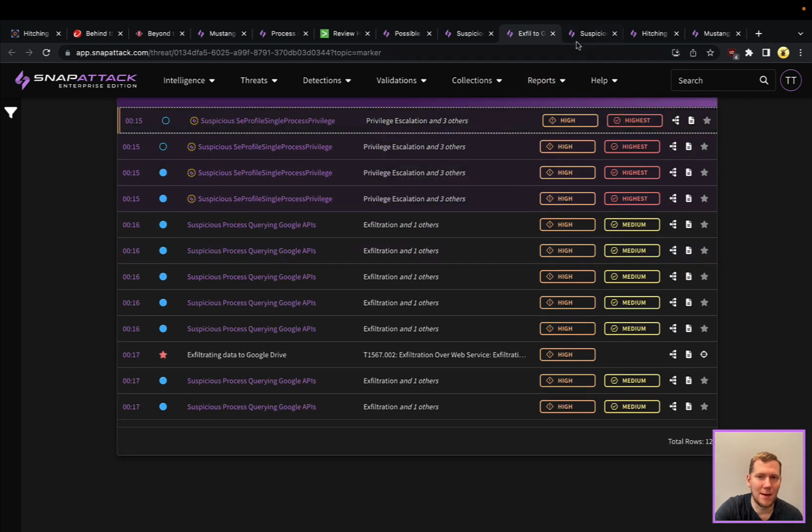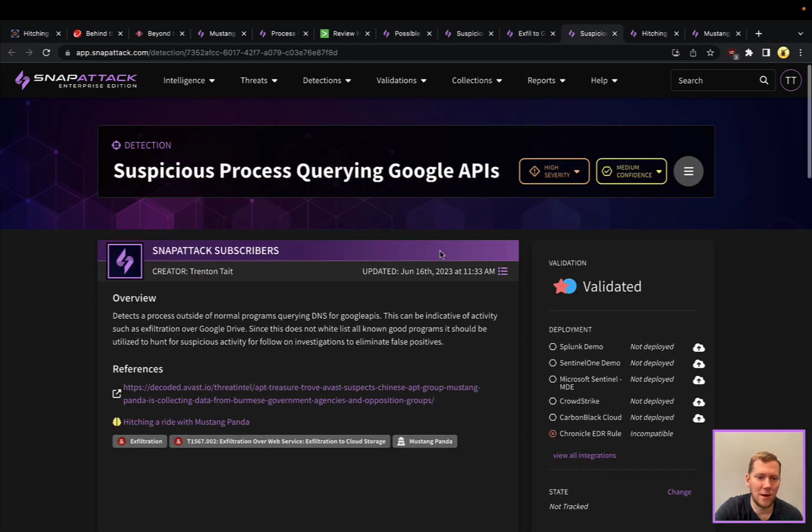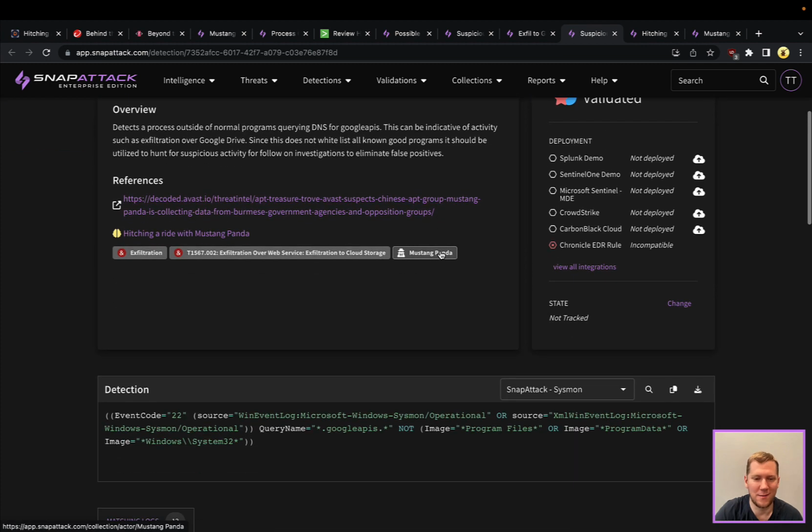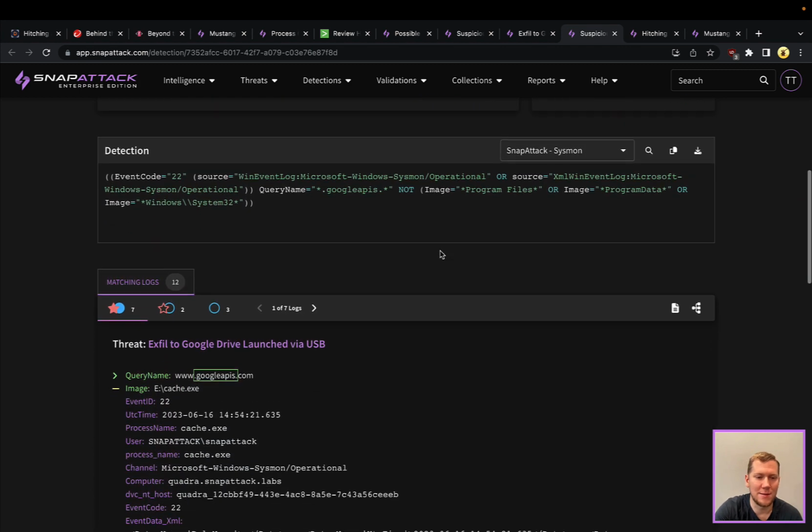One of the best opportunities for detection around this, we think, is looking at either network activity or DNS activity. For, like, a Sysmon example, in the DNS logs, we can see here that we have an image, ecache.exe, that's reaching out to Google APIs. We'll see OAuth2 for Google. It's not quite as clear from the domain names that this is being uploaded to Google Drive, but that's just how Google operates.